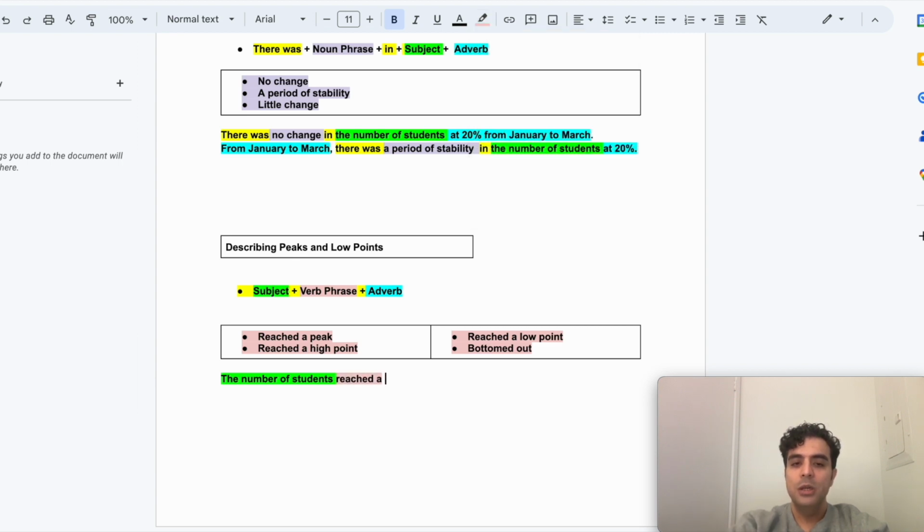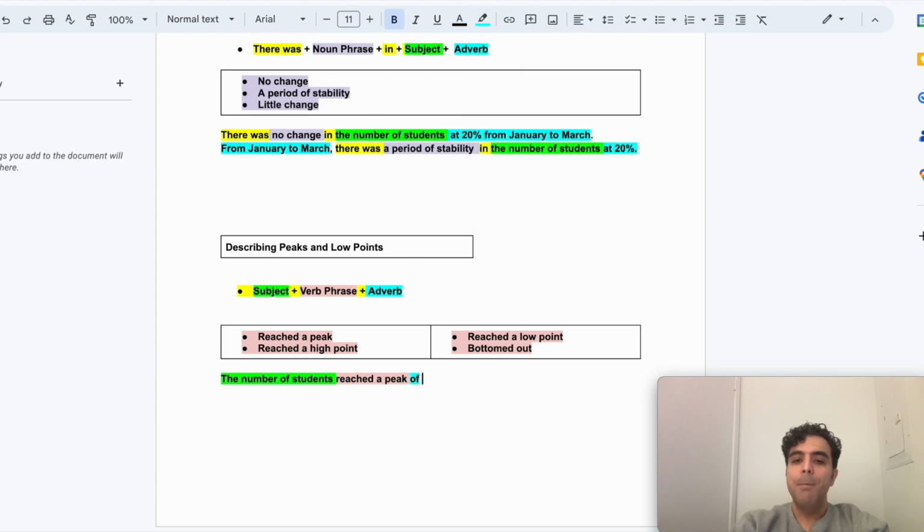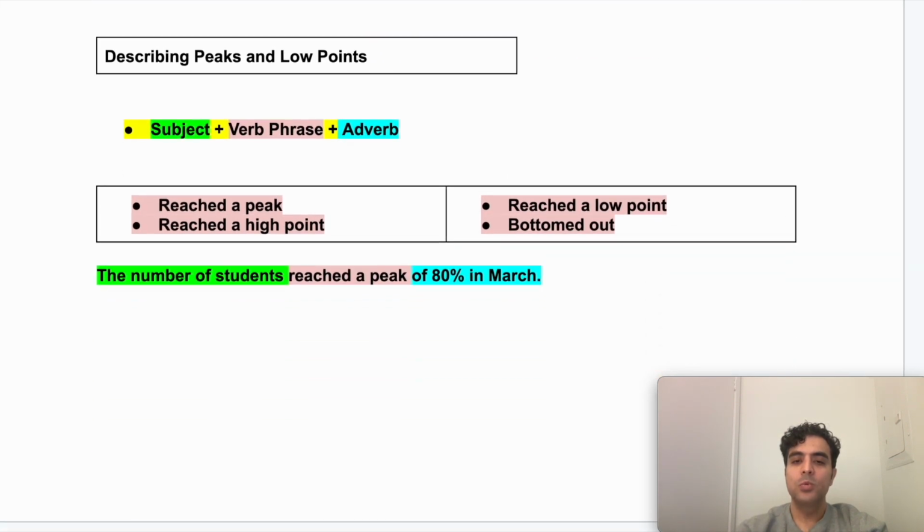So reached a peak. What about the quantity? Immediately after peak, you're going to say a peak of 80%, right? And then you need to mention the time period. So let's say it's in the month of March. There, the number of students reached a peak of 80% in March.